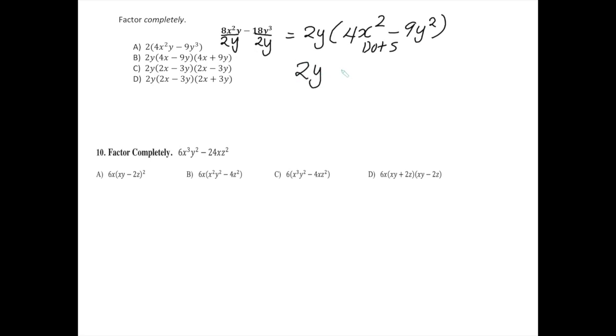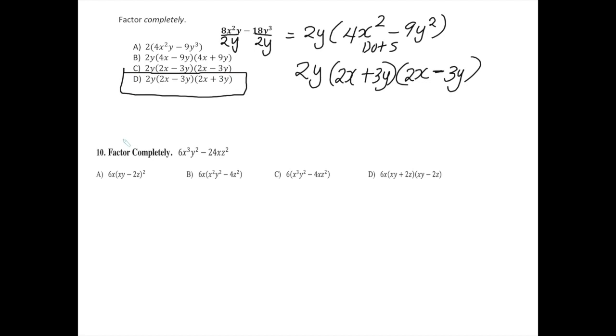So you have 2y, you have your parentheses, 4x squared is 2x times 2x. I like putting plus first and then minus. 9y squared would be 3y and 3y. So now I'm going to look for this 2y where I have a 2x plus 3y and a 2x minus 3y. And it is this one.